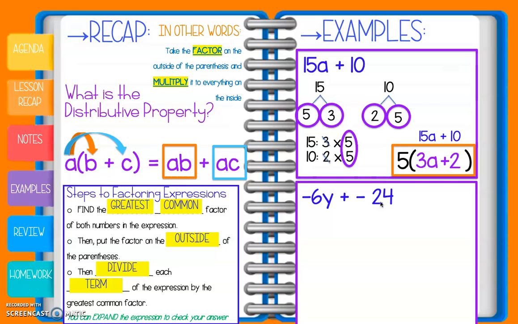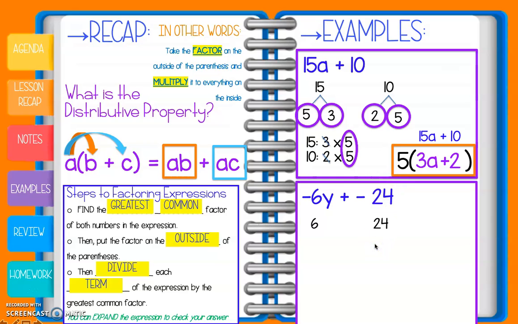So we're going to find the greatest common factor, but it is going to be a negative because they both share that negative sign. Now, if only one of them had a negative sign, your greatest common factor wouldn't be negative because they don't share it. However, in this example, they are both negative. So they have that in common. It's part of the greatest common factor.